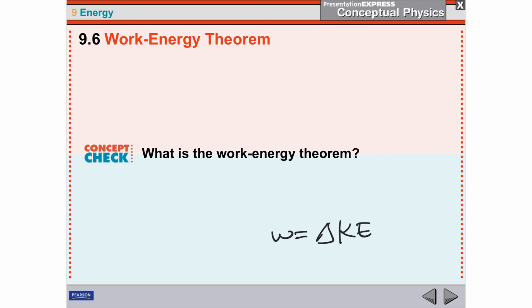So the faster car is doing work on the first car, and it slows down the faster car. So if work is done on it, I can increase the kinetic energy, or if work is done on it backwards, like catching a baseball, I can slow down the kinetic energy, or if work is done by an object on another object, I can slow down or speed up its kinetic energy.